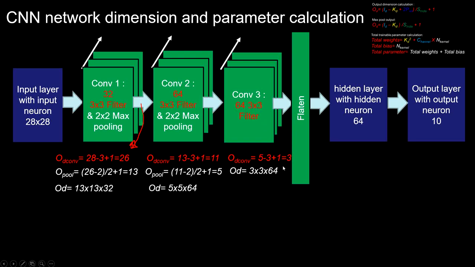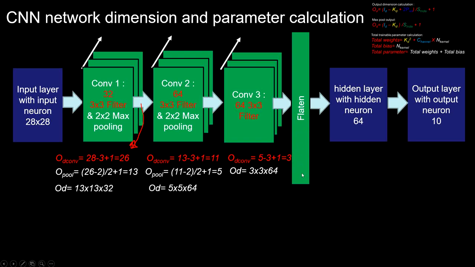If we stack it together, the output of convolutional 3 will be 3 times 3 times 64. This is the whole dimension after you implement the convolution 3 layer. Since we don't have any max pooling in convolutional 3, the output is maintained from the convolutional process.